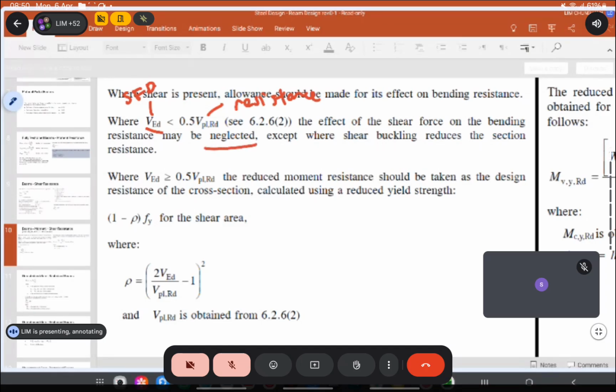Neglect means ignore. However, if your shear from the shear force diagram is more than 50%, or 0.5, of the shear resistance, then you have to take it into account.